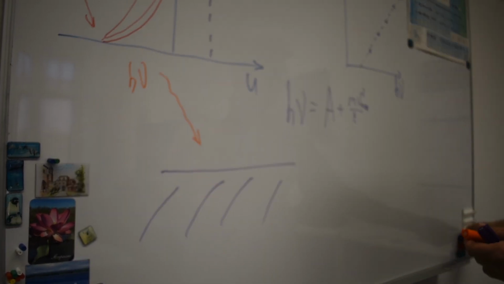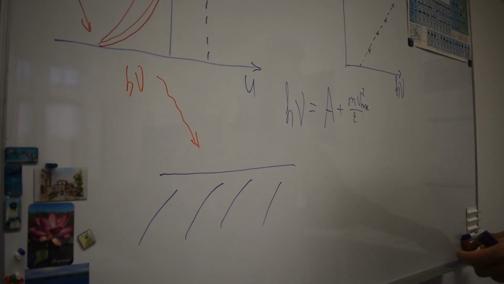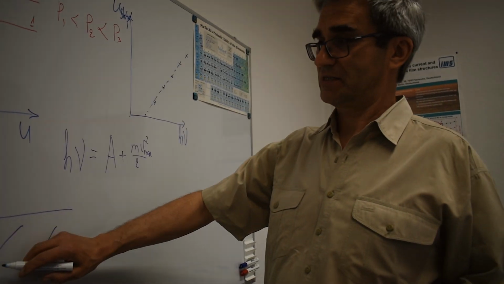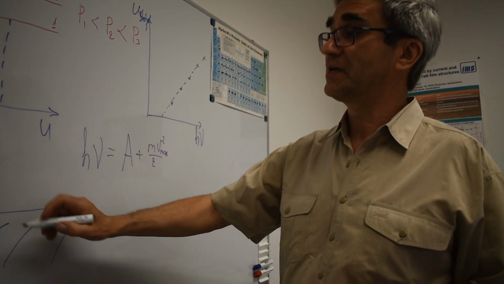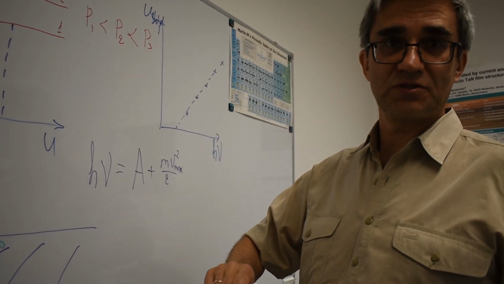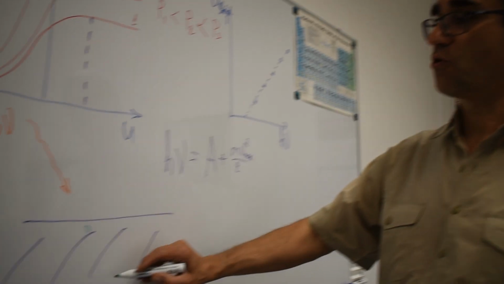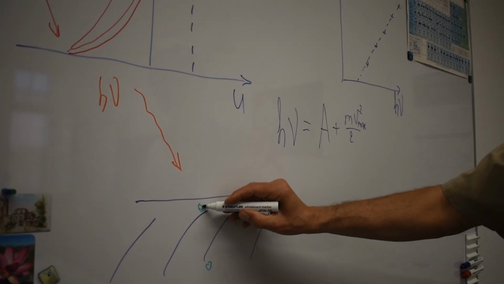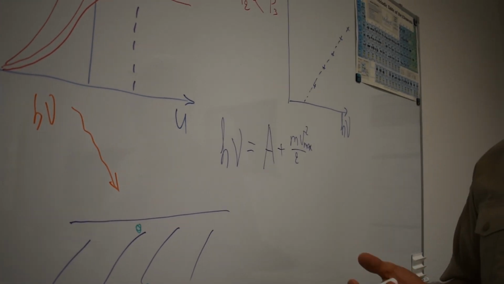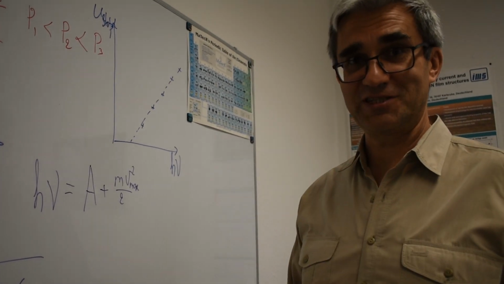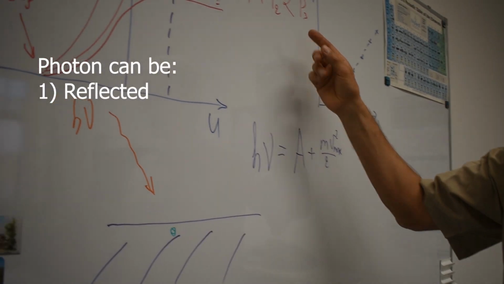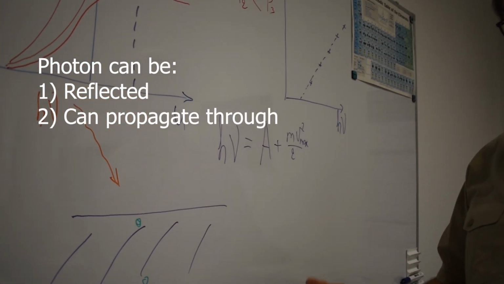The question is how deep this electron will be excited. A photon can be absorbed very close to the surface of the cathode or somewhere deeper. After absorption, which is once again not a deterministic but a probabilistic phenomenon, because the photon can be reflected or can propagate through without absorption.